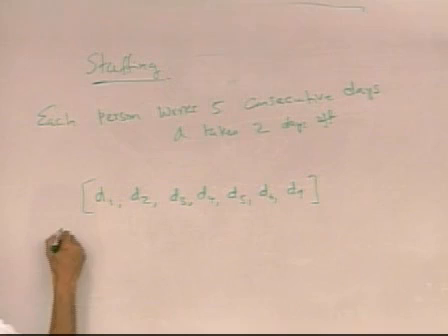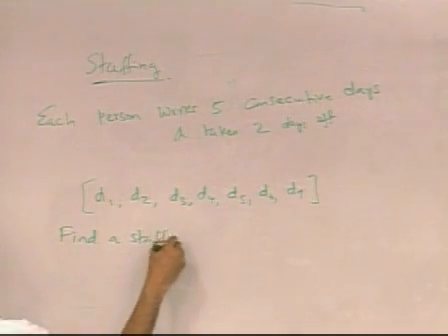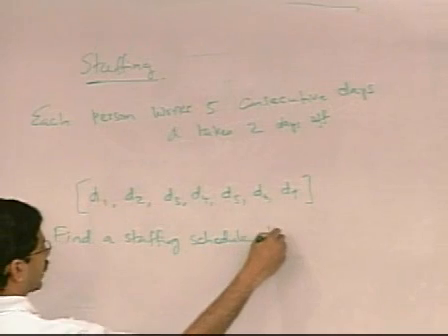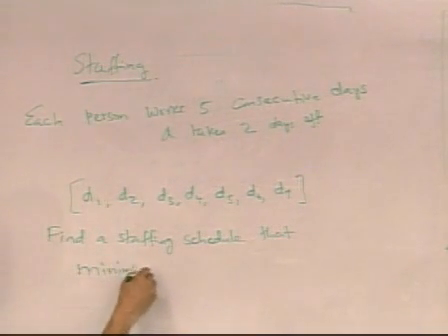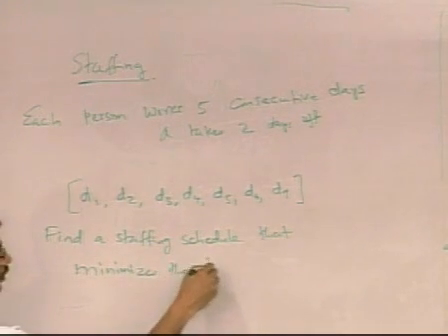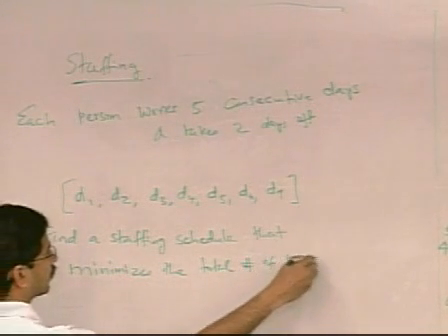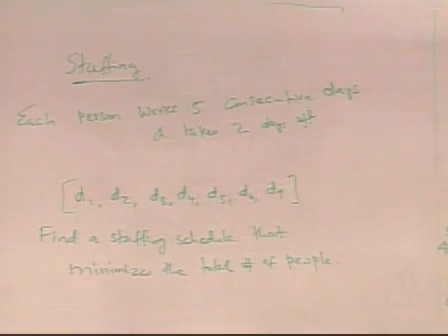So find a staffing schedule that minimizes the total number of people. Of course you could always have more than D1 people on Monday. That's just a lower bound on the number of people you need.